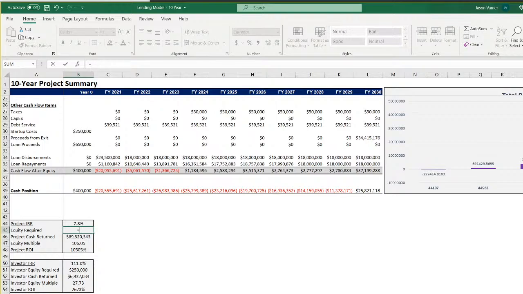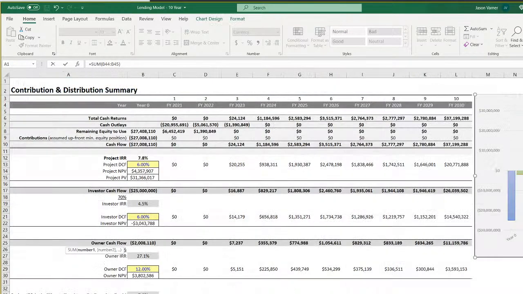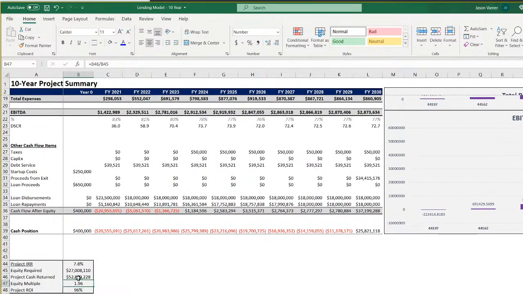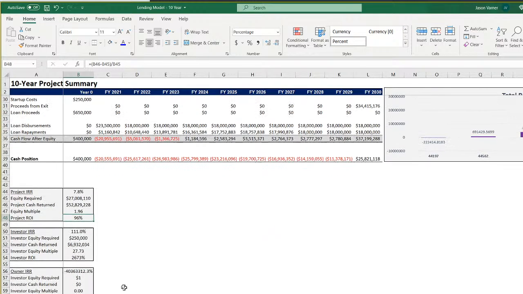Equity required is this. Projected return is this. Equity multiple and ROI.